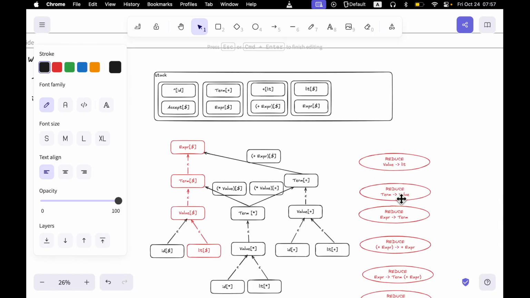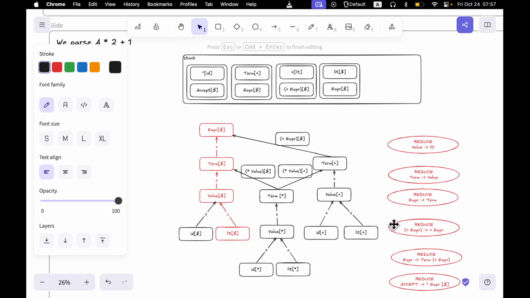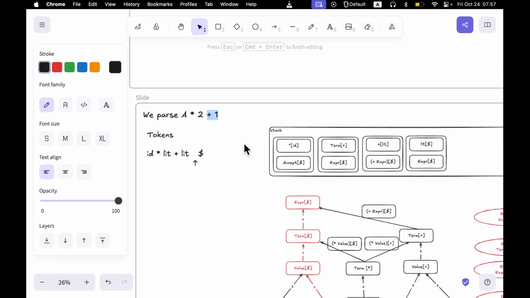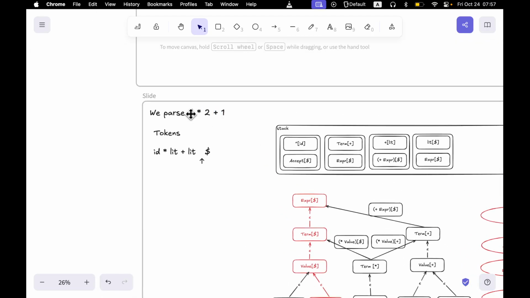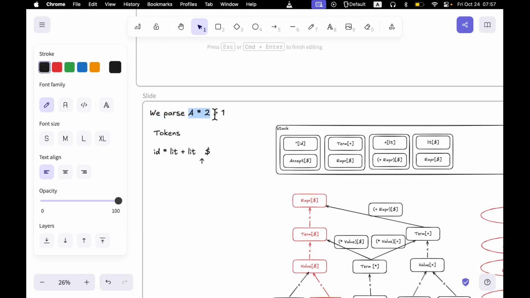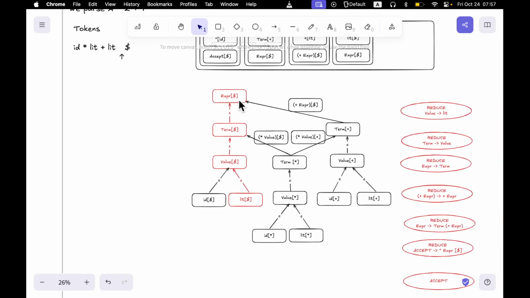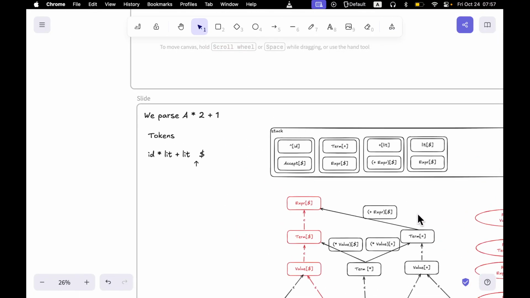You tokenize the value 1 into a term 1, and then you tokenize the term 1 into an expression 1, and you reduce the plus expression. These 2 tokens into one token plus expression, and then you reduce this term and this plus expression into another expression, and then because you have the end of file, you accept this as a whole expression.